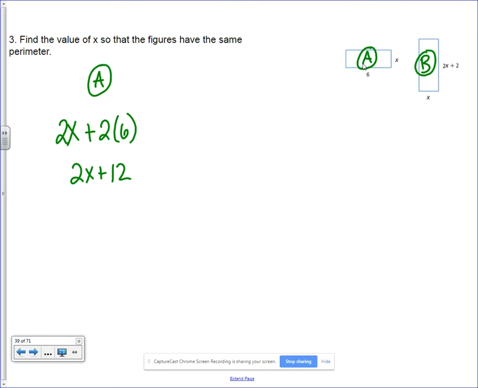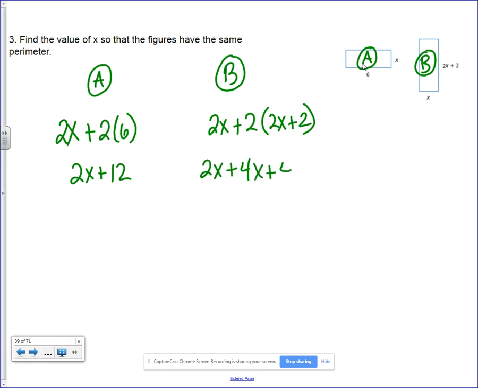If I look at rectangle B, remember there's 2 of those x's and there's 2 of that long 2x plus 2 side. So if I distribute here, it looks like that. And then if I combine my like terms, it looks like that. So we'll put an equal sign between them since they want them to be the same, and we will solve.